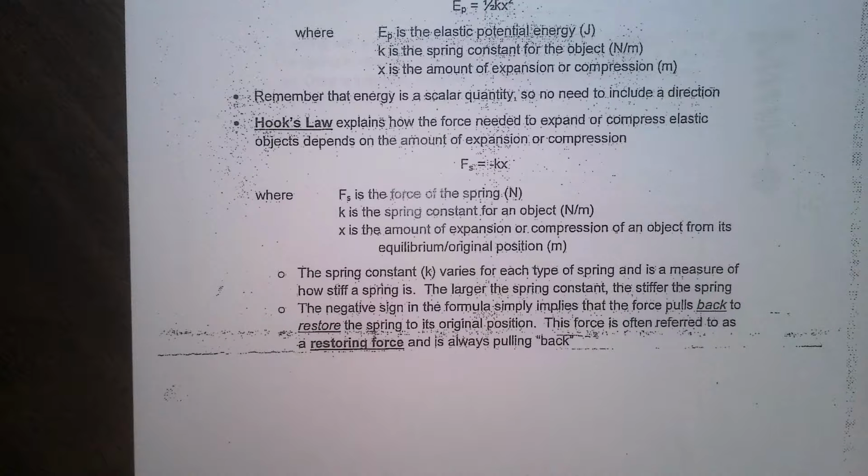K varies for each type of spring and is measured on how stiff it is. The larger the constant, the stiffer the spring. So these kinds of springs we would find in heavy equipment.